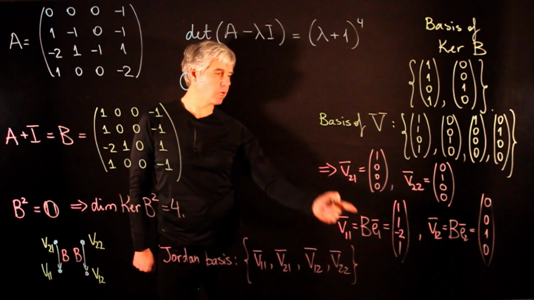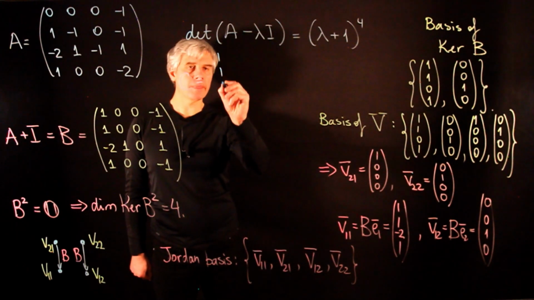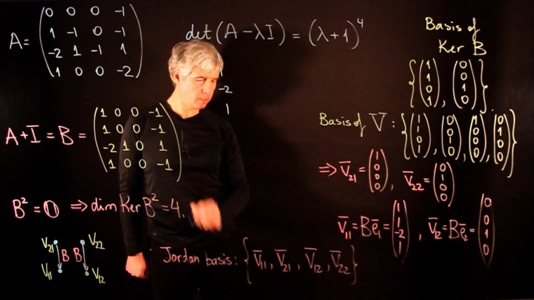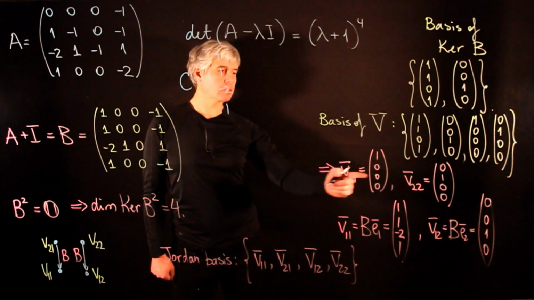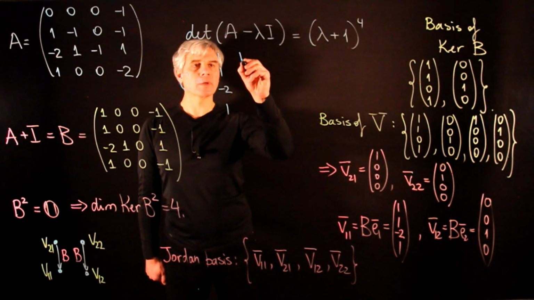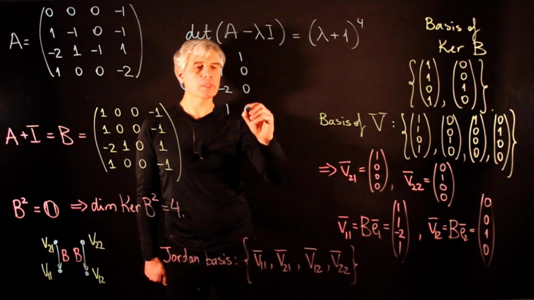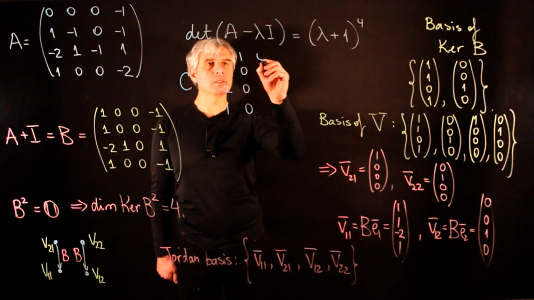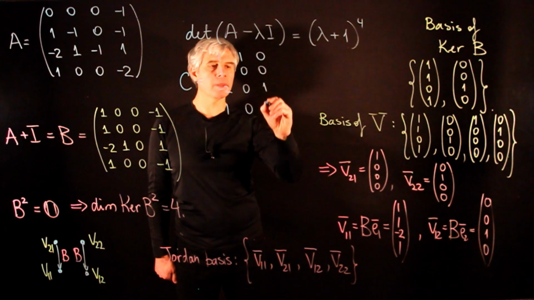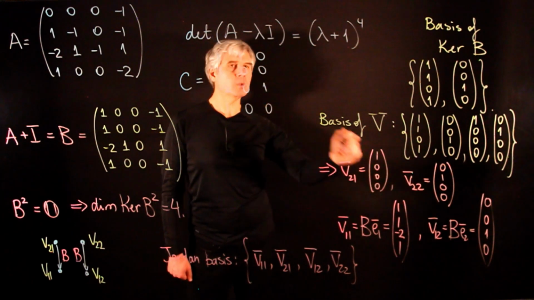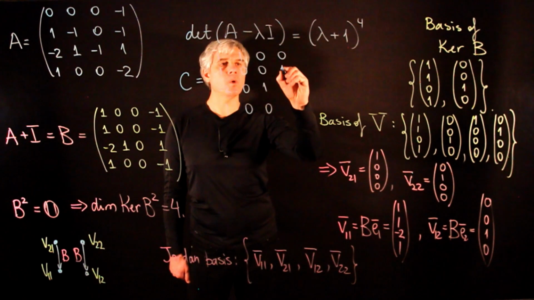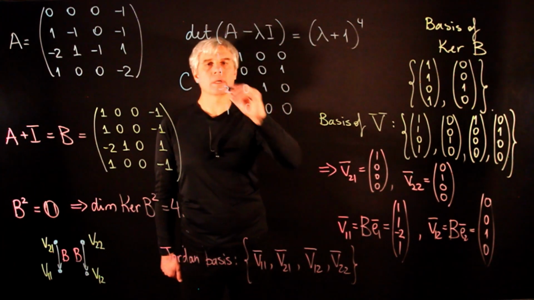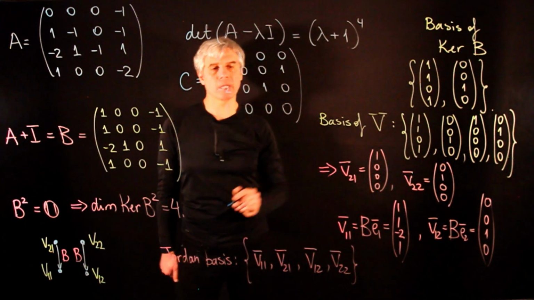So V11 is 1, 1, minus 2, 1. V21 is the vector E1, 1, 0, 0, 0. Then V12 is the vector 0, 0, 1, 0. And V22 is the vector 0, 1, 0, 0. So this is our change of basis matrix.